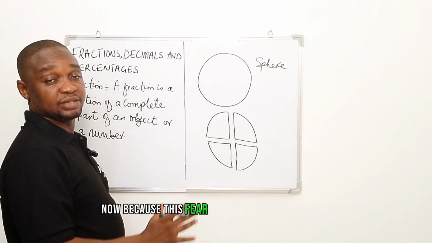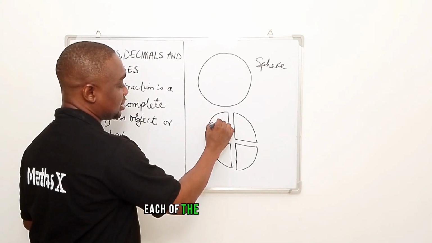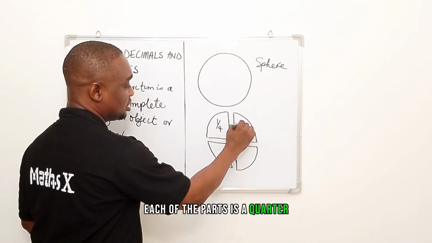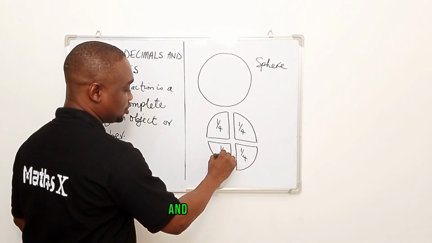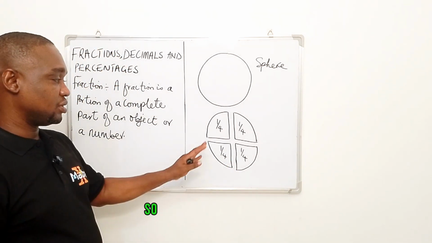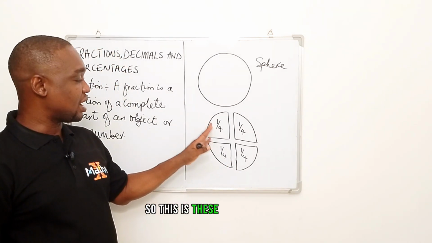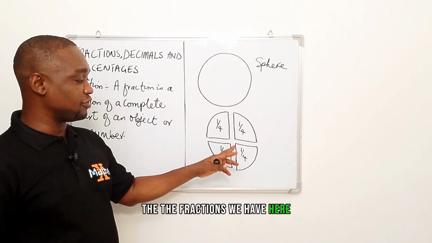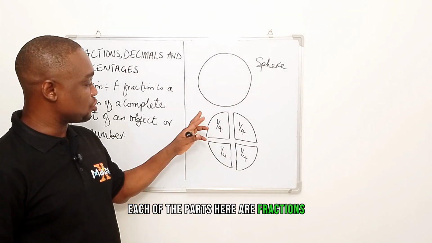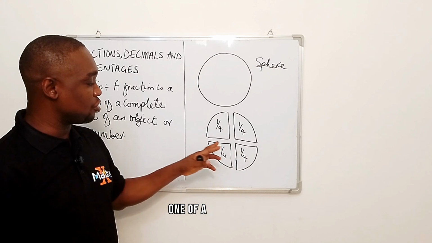Because this sphere is divided into 4 parts, each of the parts is a quarter, which is 1 over 4, 1 over 4, and 1 over 4. So these are fractions. Each of the parts here are fractions: 1 over 4, 1 over 4, 1 over 4, 1 over 4.